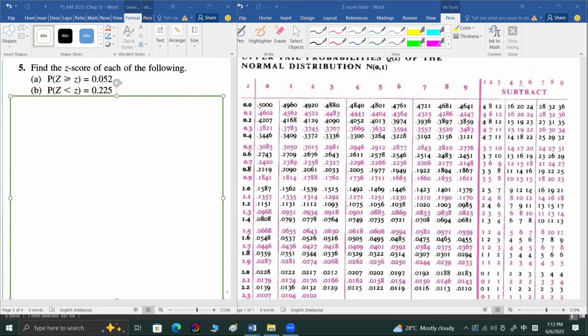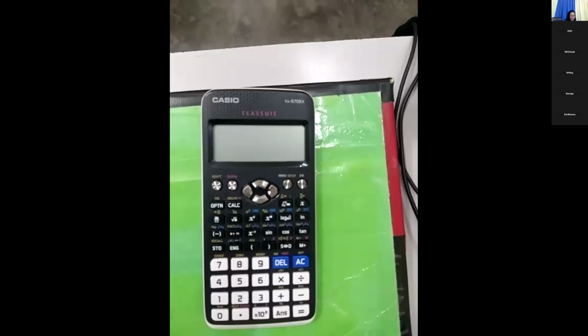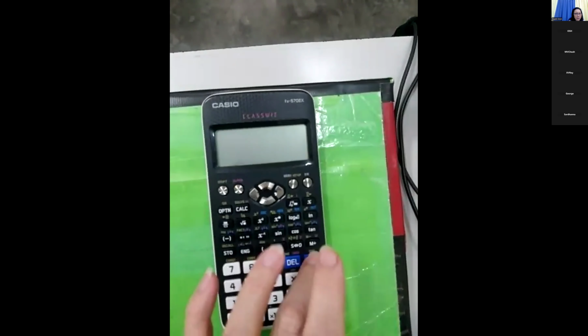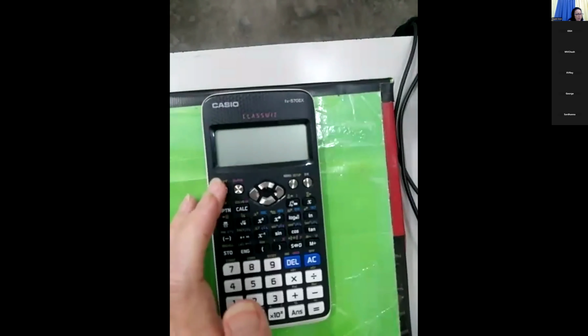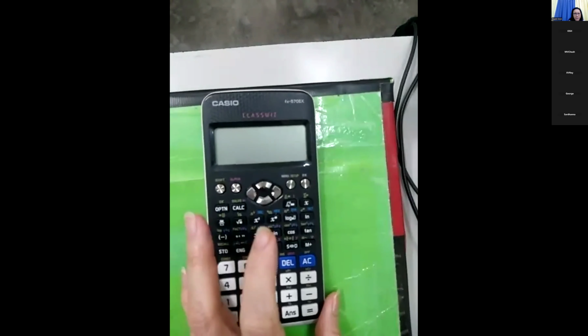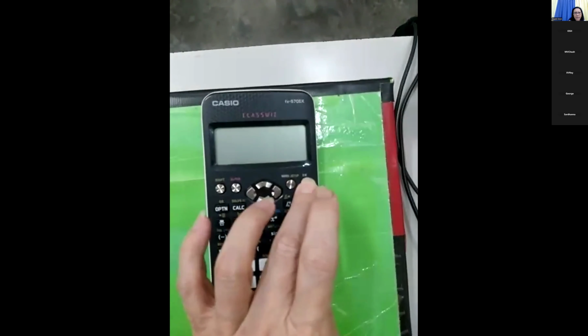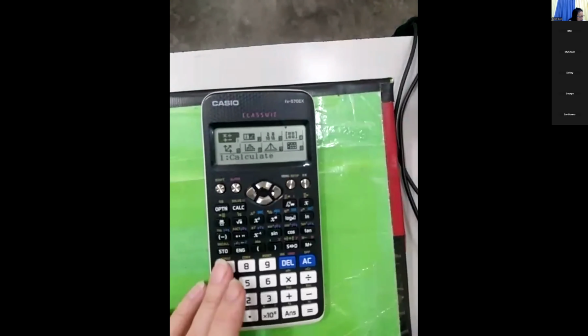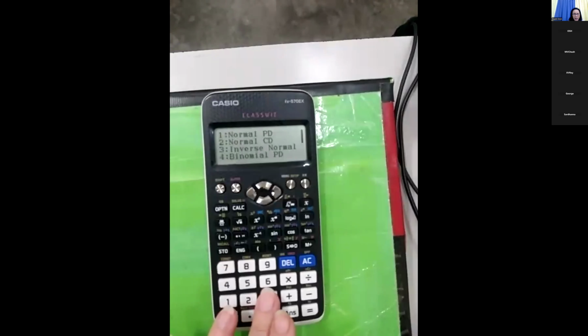Okay, look at my calculator for you that are using EX. For you that are using EX, same, we go menu. Same, menu number 7, then 3. Can you see the word inverse?